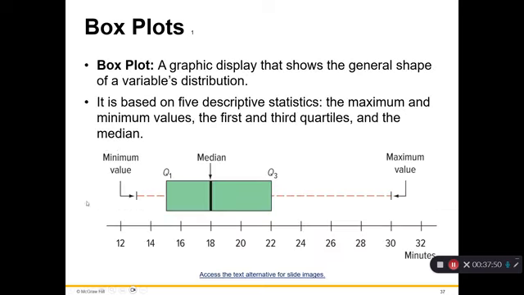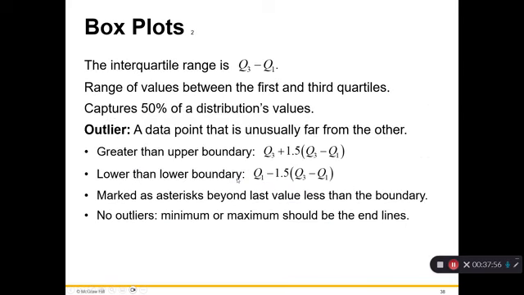If you have a data set like this, Q3 minus Q1 is the range, and then we have the median at 50%, and outliers we find on the upper side. This is the formula for that: Q3 plus 1.5 times (Q3 minus Q1), and for the lower side: Q1 minus 1.5 times (Q3 minus Q1).